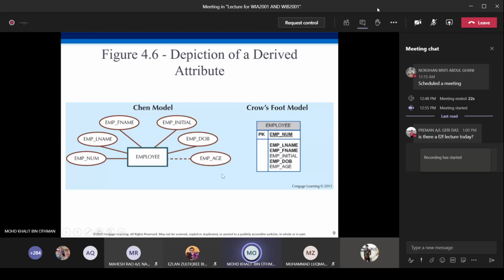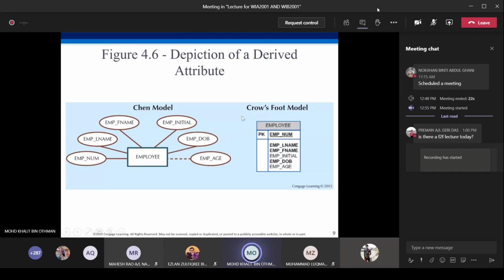For example, here you can see a dashed line connecting the attribute employee age and the entity employee. So here we can directly see which one is a derived attribute.